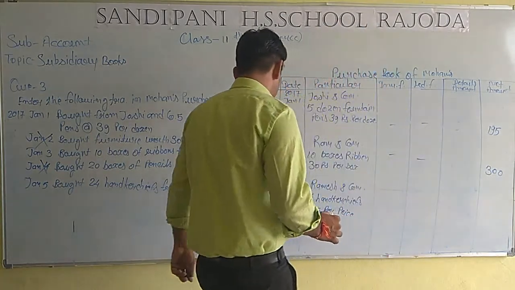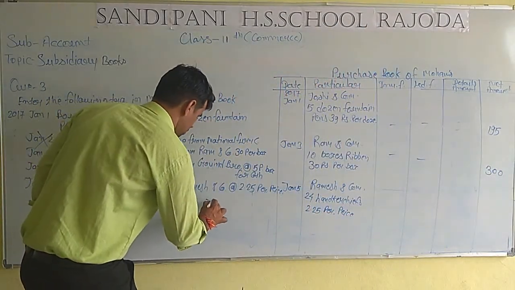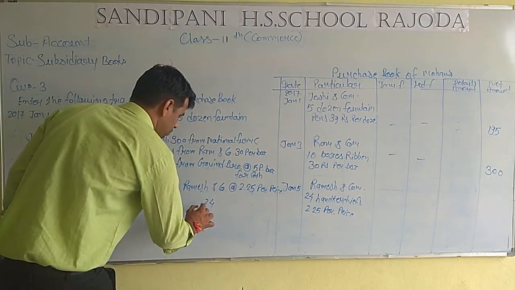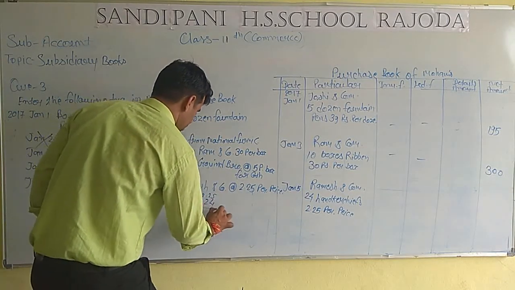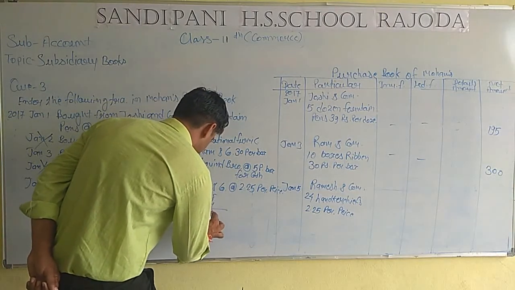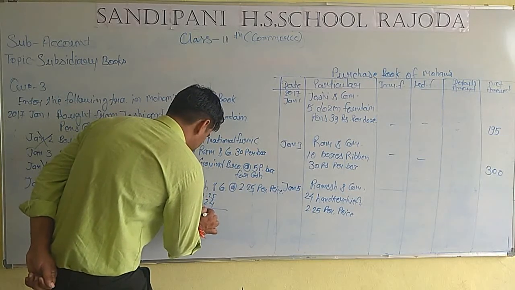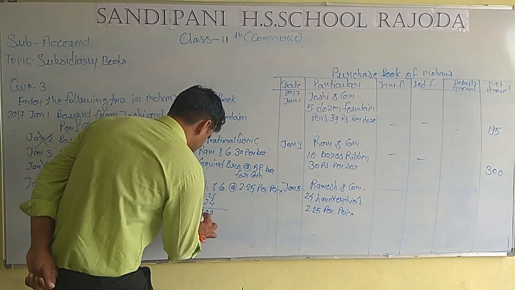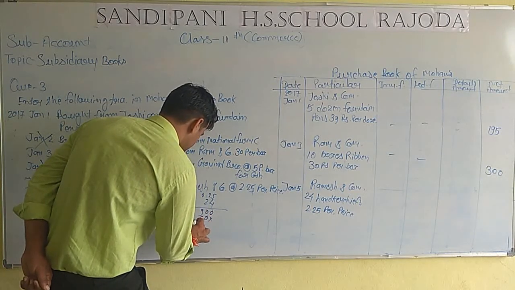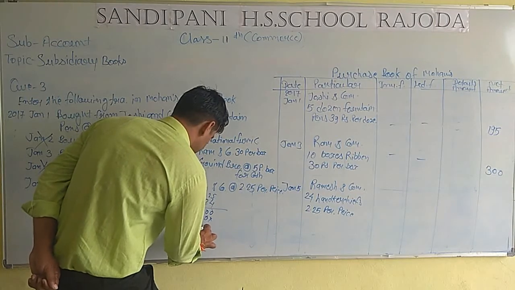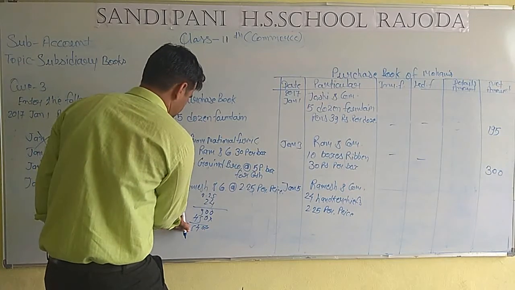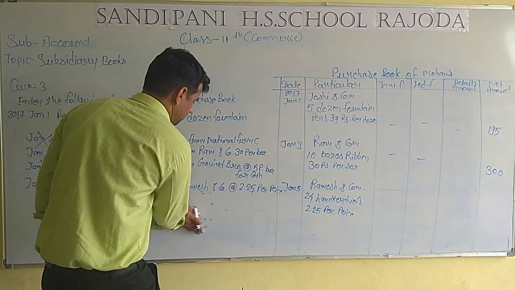So you have to multiply 2.25 into 24, which is 540 rupees.